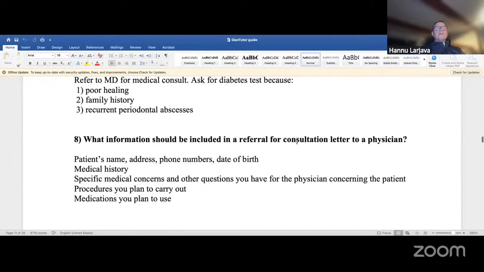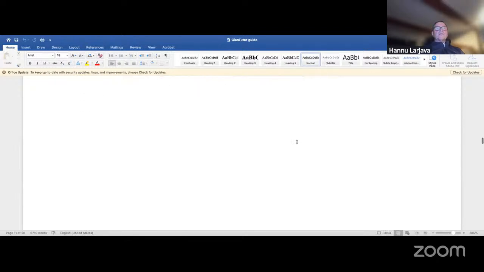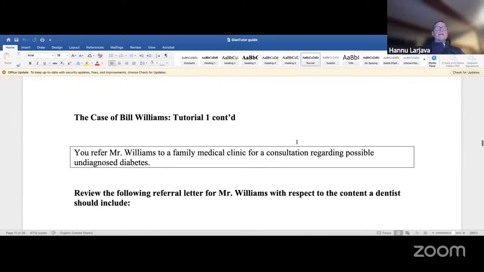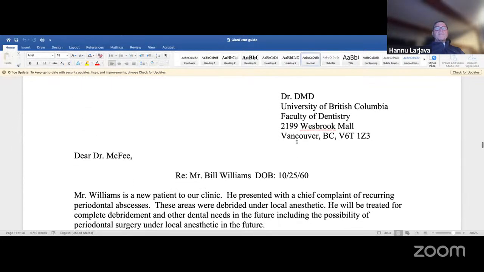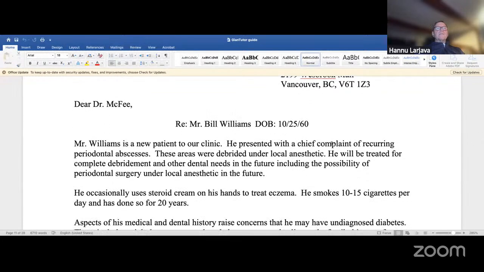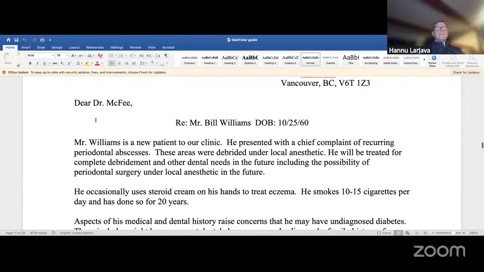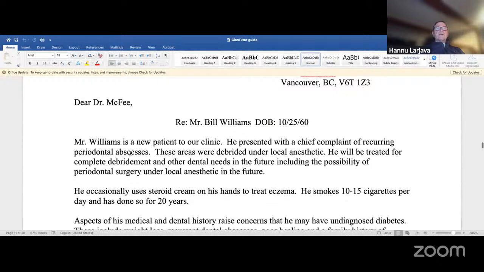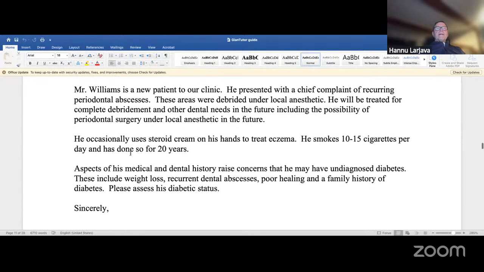So the dental student or whoever will write to the physician a letter explaining that there are abscesses and a concern that he may be undiagnosed diabetic because of the weight loss, recurrent dental abscesses, poor healing, family history, and so on.